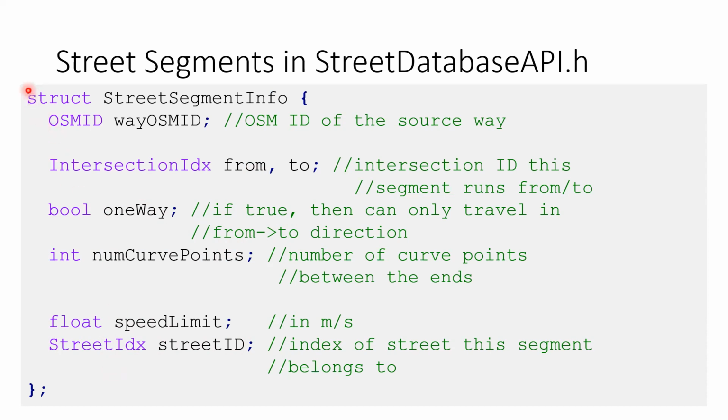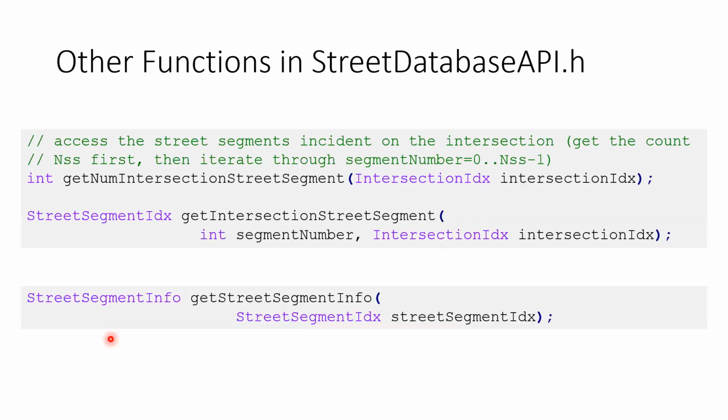So note at this point, we have already seen intersection index, street index, and street segment index. And when you scroll down into the header file, you will see these three functions that will be needed while implementing this specific function. The first function, get num intersection street segments, returns the number of street segments connected to the intersection from the intersection index.